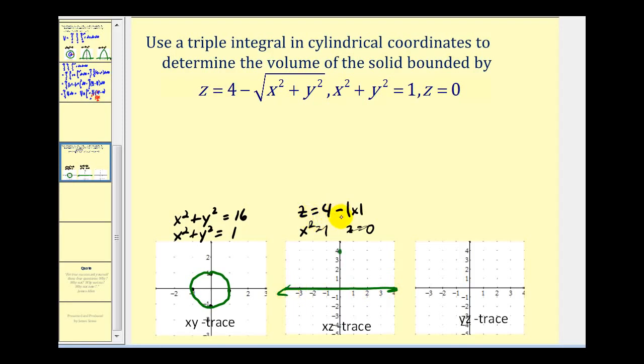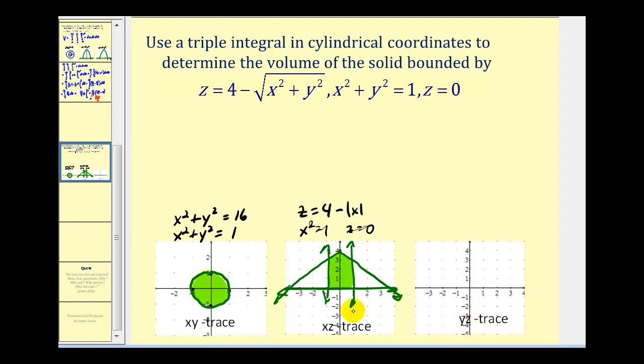For z equals 4 minus the absolute value of x, remember absolute value graphs make a v, so this will be a v with a z-intercept of 4, something like this. Then x is equal to plus or minus 1. So the xz trace is this region in here. Here we had inside the circle.